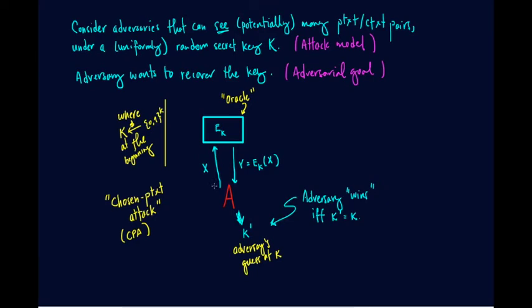The kind of attack this adversary mounts is a chosen plaintext attack, where it asks a query x, which is its choice of plaintext, to the oracle, and the oracle responds with the value y. Then the adversary outputs a guess k prime at the key, and it wins this game, which we can call the key recovery game, if k prime equals k.